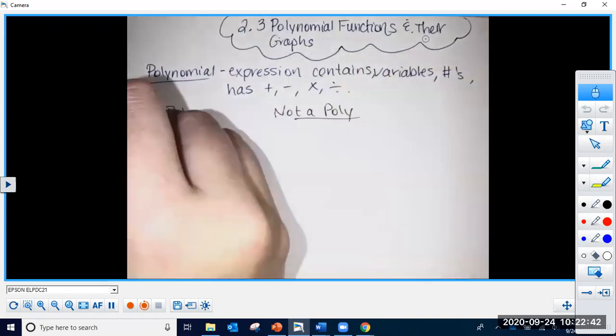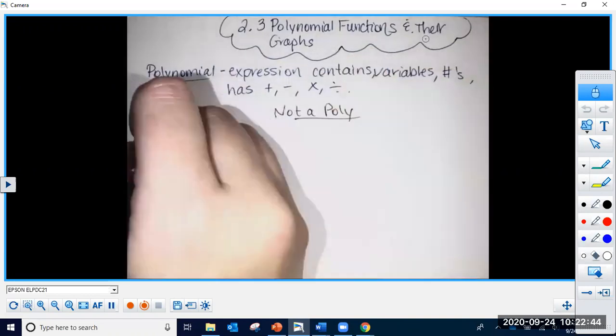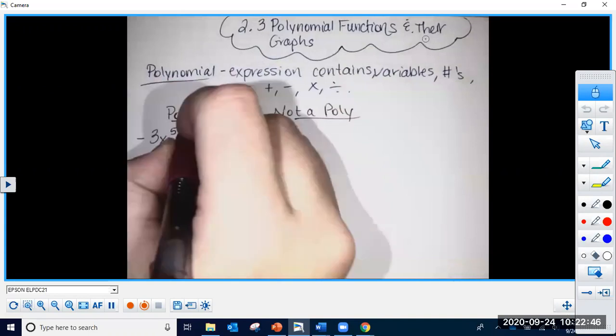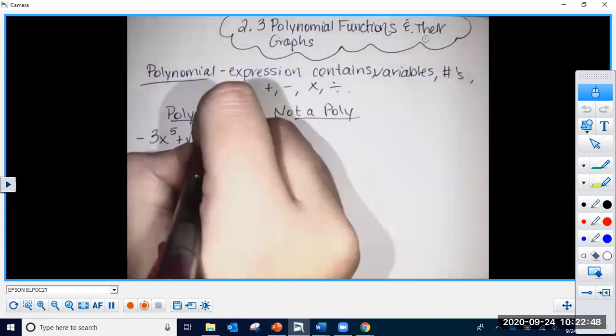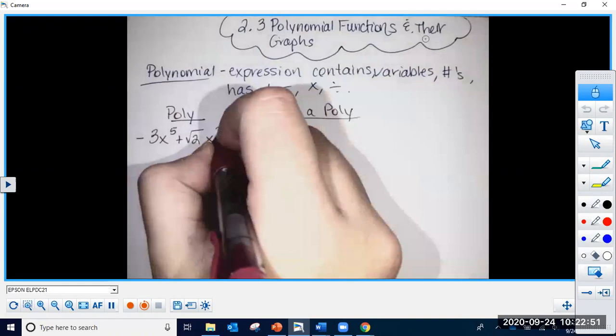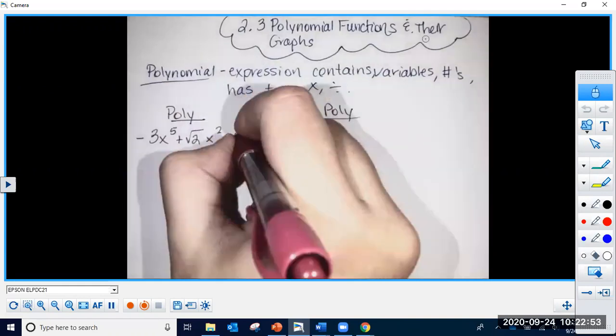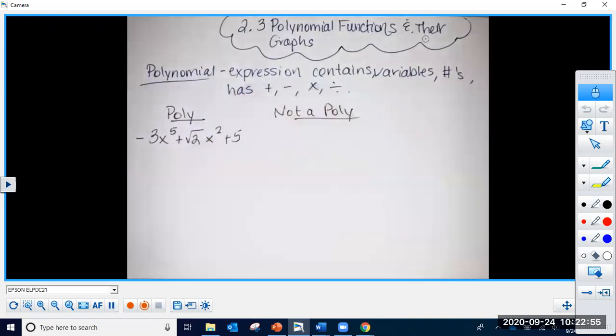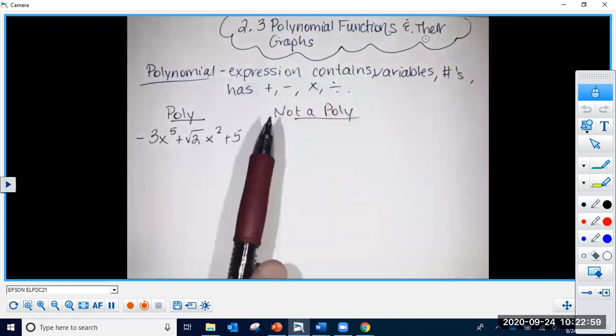If you've got something like negative 3x to the 5th plus root 2x squared plus 5. What you're looking for to see if a function is a polynomial is you're simply just checking all of the exponents.